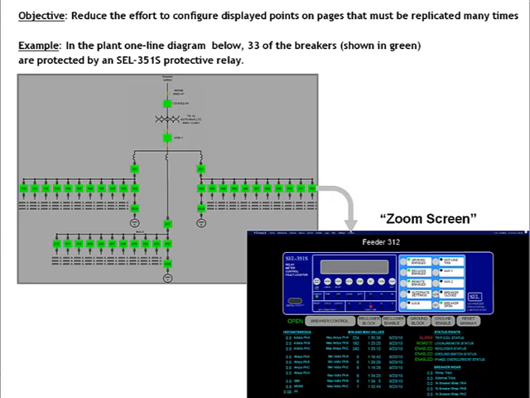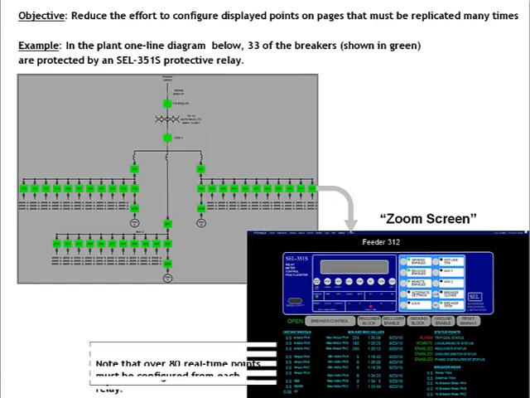There is time and date when certain demands and peaks were encountered. There's certain real-time values. There's actually over 80 real-time values that are used to animate that particular zoom screen. And obviously, to configure 80 real-time points for each of these relays, for each of those 30-something breakers, that would be very tedious.